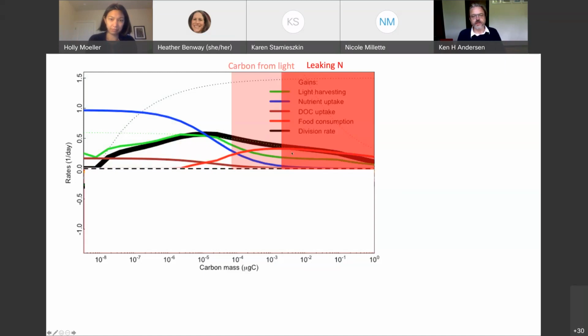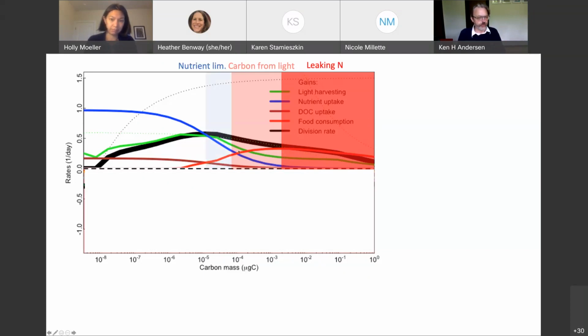While these ones here, they actually leak nutrients. They're not getting any dissolved nutrients, and they're getting so little carbon actually that it's not enough to fully fuel their metabolism. So they have a surplus of nutrients and they're leaking some. That is what we could really call zooplankton. But they still have some phototrophy nevertheless.